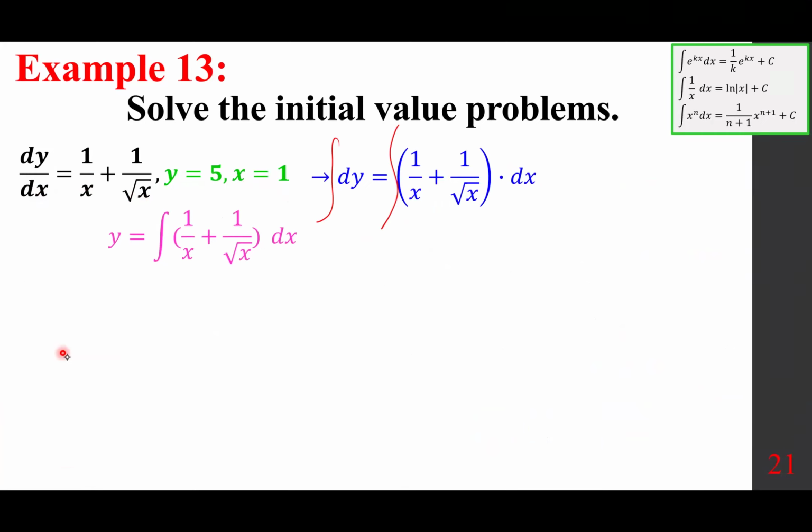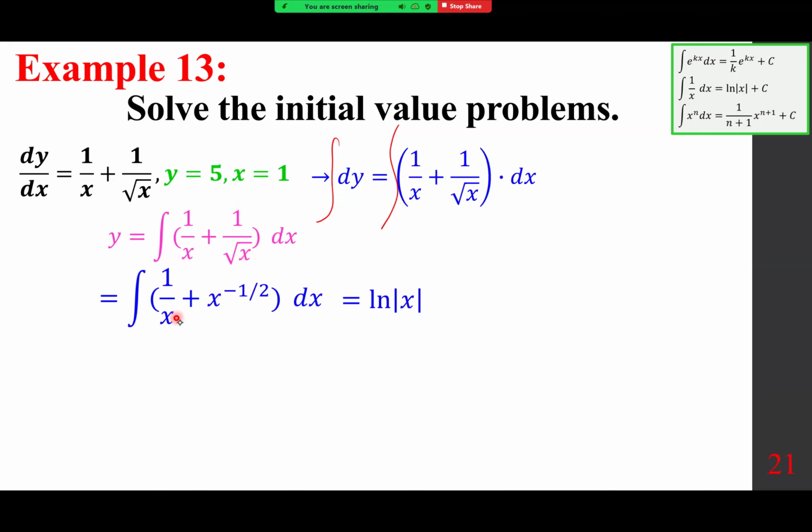So in order to work on this, this is fine. This one we are going to change to x to the power of negative 1/2. So this gives you simply ln of the absolute value of x. But what about this one? 1 over negative 1/2 plus 1, x to the power of negative 1/2 plus 1 and a constant.